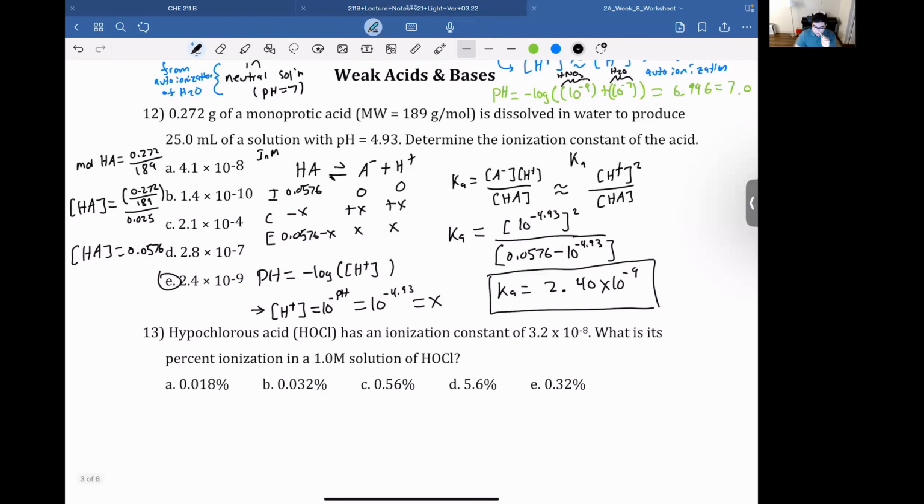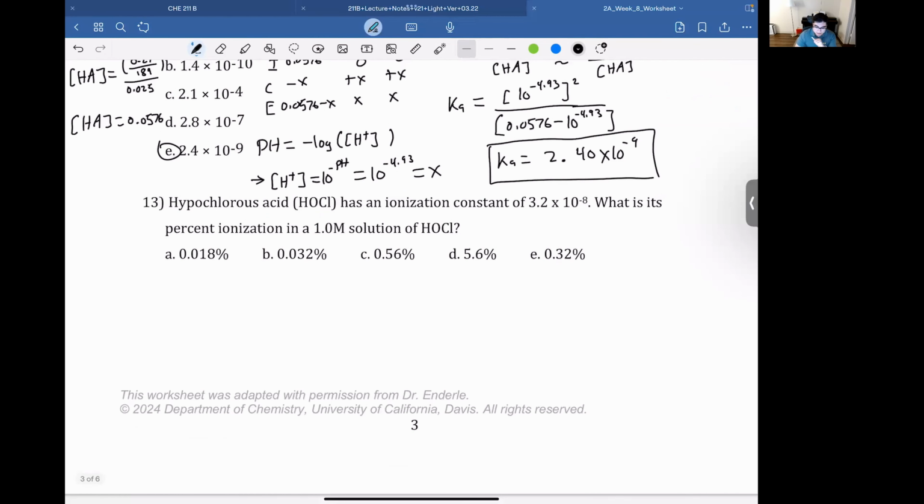All right. 13, it says hypochlorous acid has an ionization constant of that. What is its percent ionization in a 1 molar solution of HOCl? So hypochlorous, I'm just going to write this H plus OCl minus. Now, if you want to find the percent ionization, so what is that?